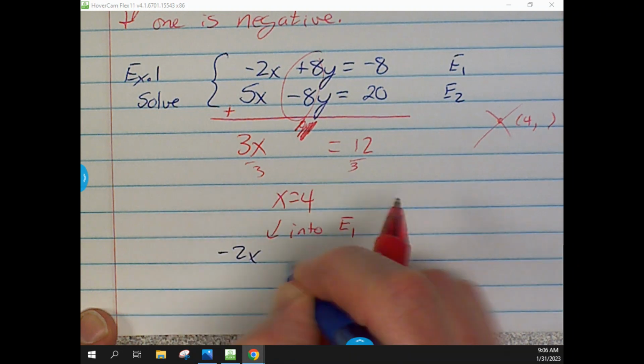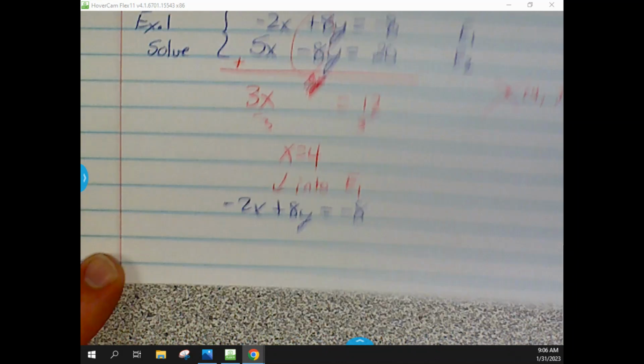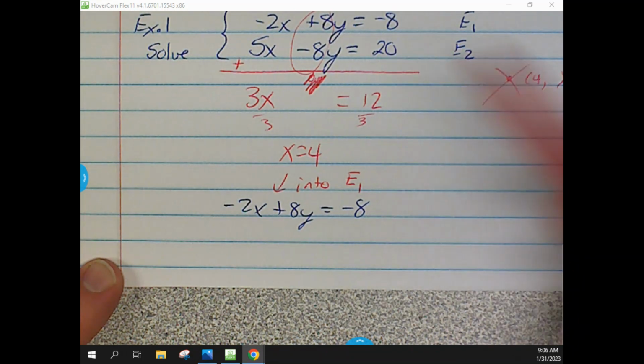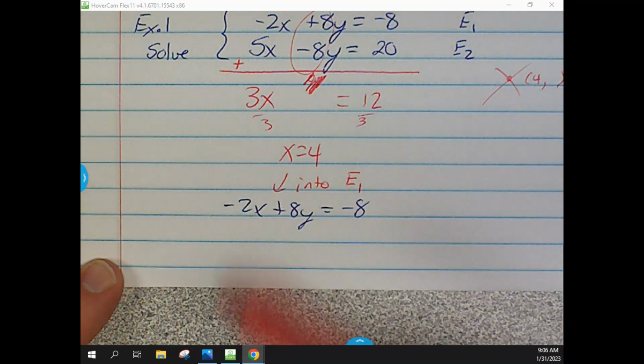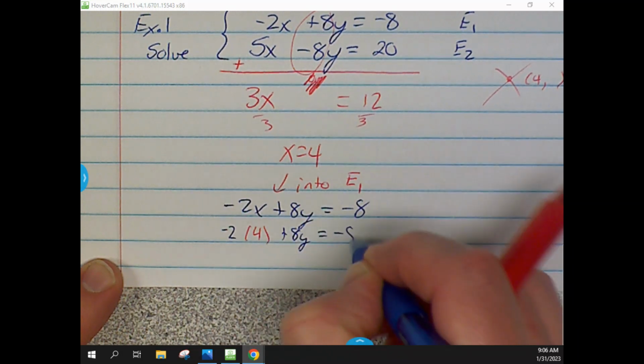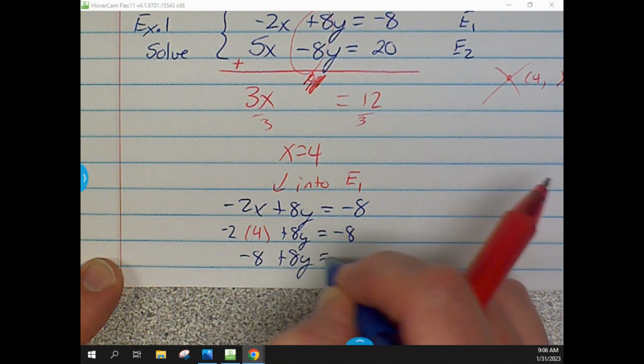So we got negative 2x plus 8y equals negative 8. And again, it doesn't matter whether you pick equation 1 or equation 2, just pick one of them. We're going to plug the 4 in here. So that's negative 8 plus 8y equals negative 8.